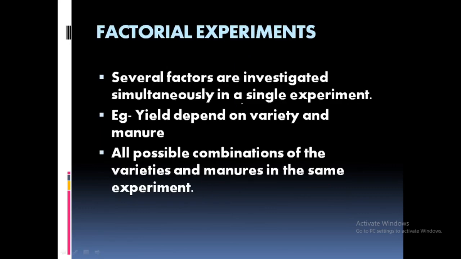See. Okay. Now, the last one we studied is multi-factor experiments, that is factorial experiments. Several factors are investigated simultaneously in a single experiment. For example, yield depends on variety, manure, and so on. All possible combinations of varieties and manures we can study in the single experiment, that is known as what?